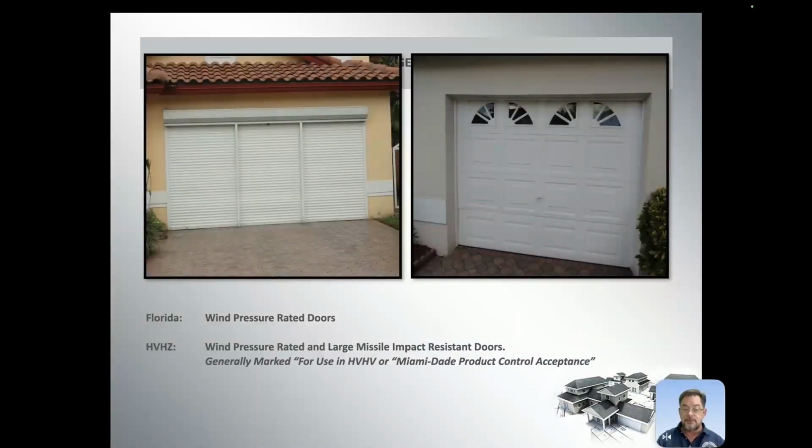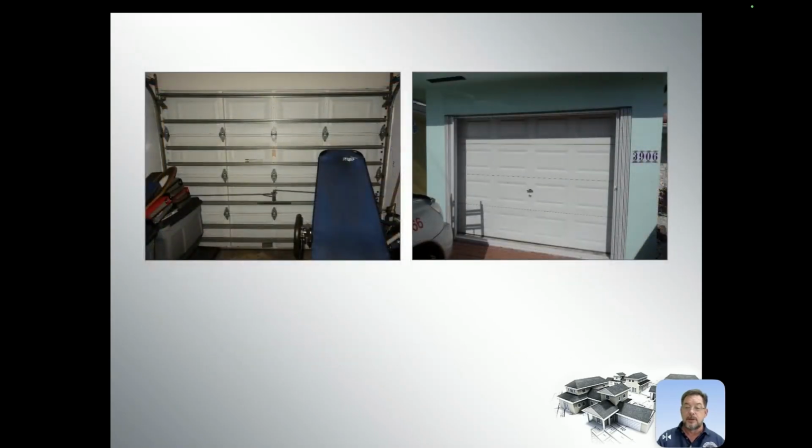So anyway, in Florida, we do allow these wind pressure rated doors outside the high velocity hurricane zone, as long as they're solid doors. But you've got to make sure that they have the right approval for the right place. So Miami-Dade, you need Miami-Dade product approval there. Garage doors, again, can be very difficult.